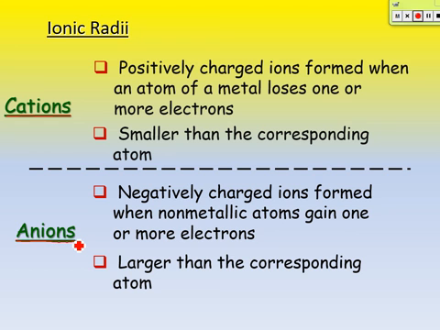We haven't talked about this before, but atoms can lose or gain electrons. And when they do, they're called different things. So let's look at cations first. Cations are positively charged ions formed when an atom of a metal loses one or more electrons.